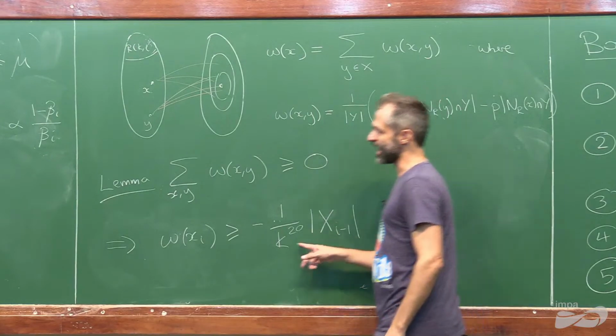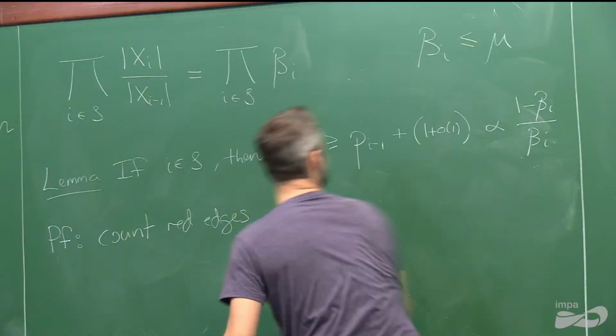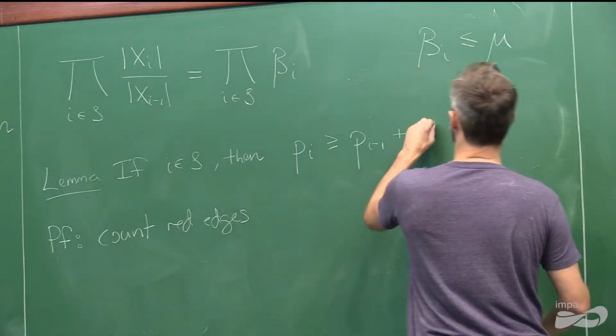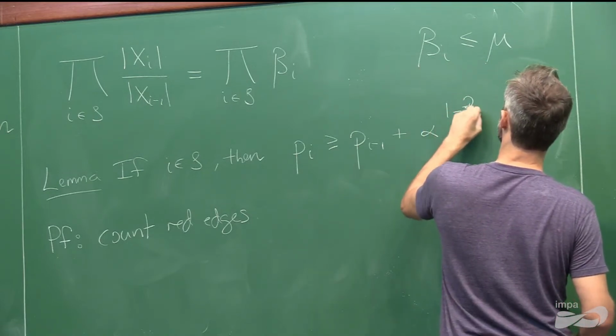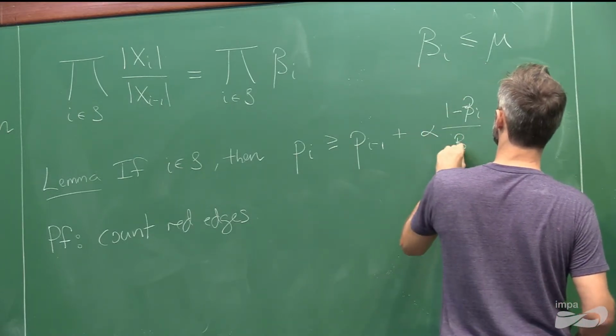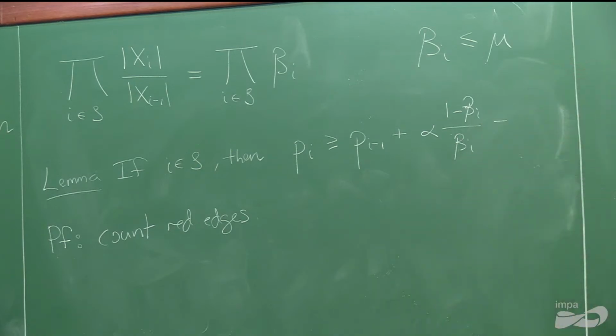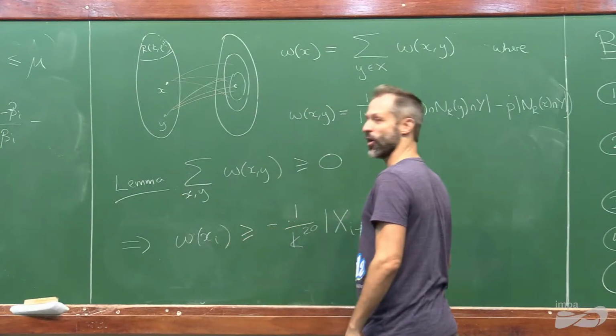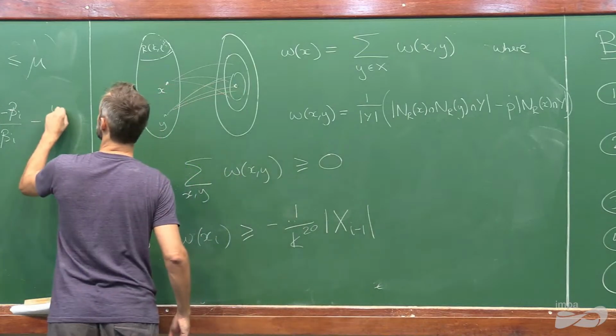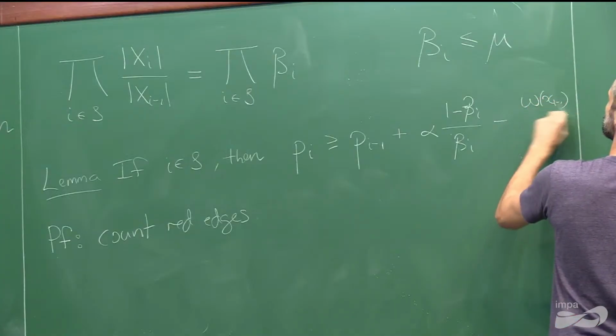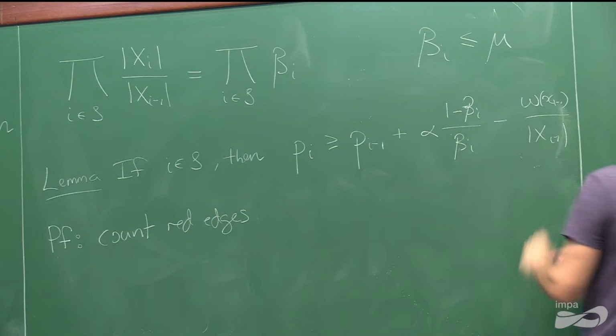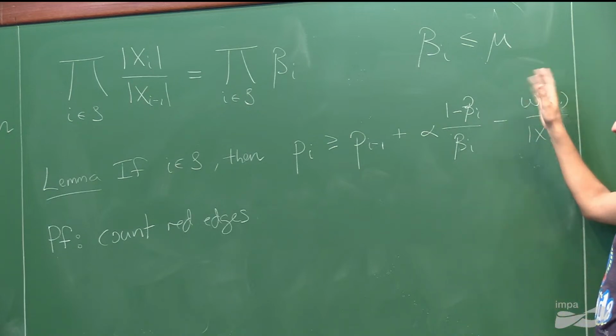Really the bound is alpha (1 minus beta_i) over beta_i minus W of x_i over x_{i-1}. Something like that. Maybe times k squared or something, I don't know.